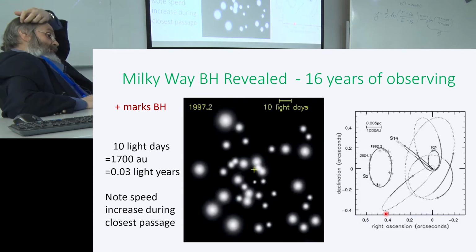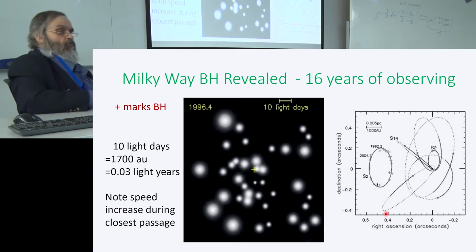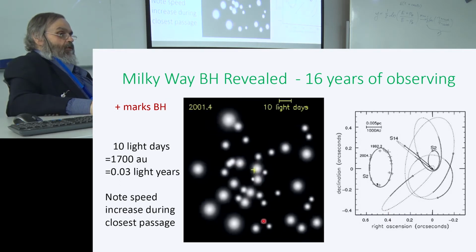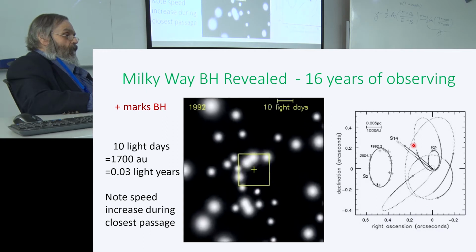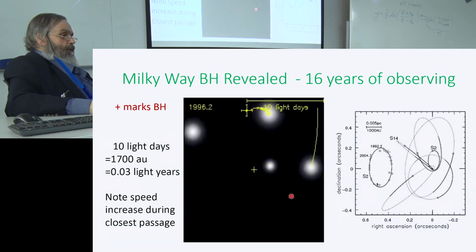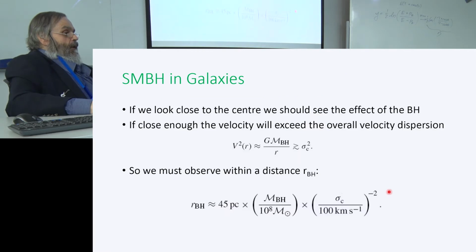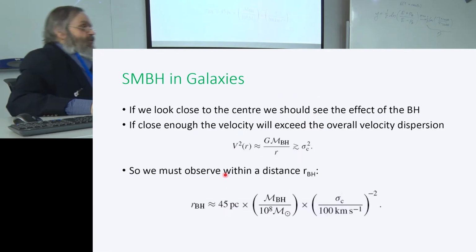So it's pretty impressive. I mean, they're actual orbits. They're not simulations. That's actually observed, or actual observed orbits made by ESO. And you'll notice the speed increased dramatically near the perihelion here. Very impressive.